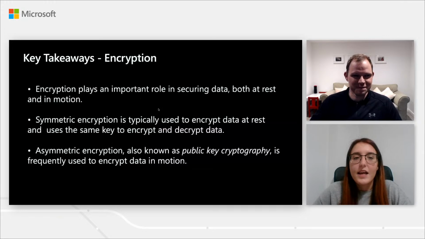Yeah. And from the encryption part, it's important to remember that encryption plays an important role in securing data both at rest and in motion. Remember the two different types of encryption: symmetric encryption, which is typically used to encrypt data at rest and uses the same key to encrypt and decrypt data. And of course, remember asymmetric encryption, which is known as public key cryptography and is frequently used to encrypt data in motion.